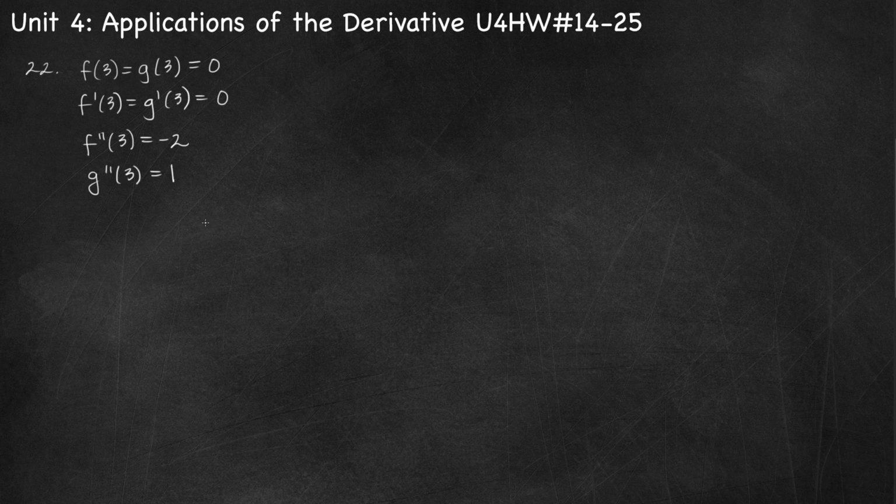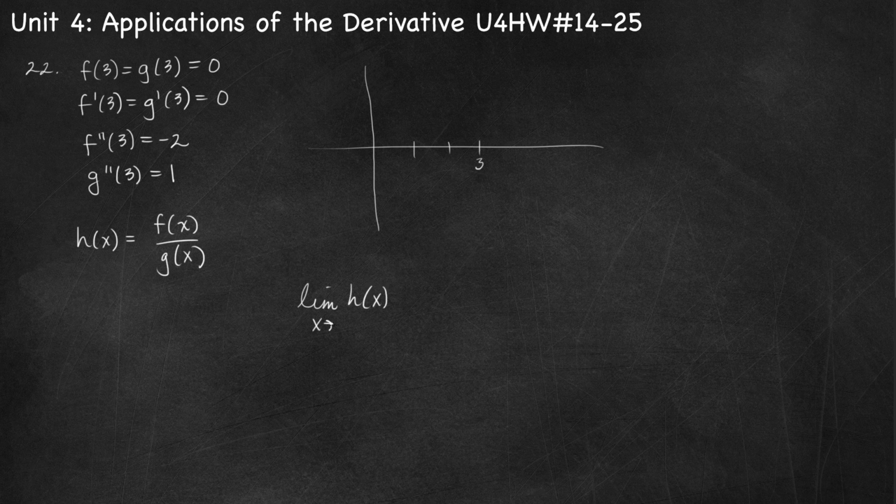Let a new function h be given by the rule h of x equals f of x over g of x. On the same set of axes, we want to sketch possible graphs of f and g near x equals 3. And then use the provided information to determine the value of the limit of h of x as x approaches 3.